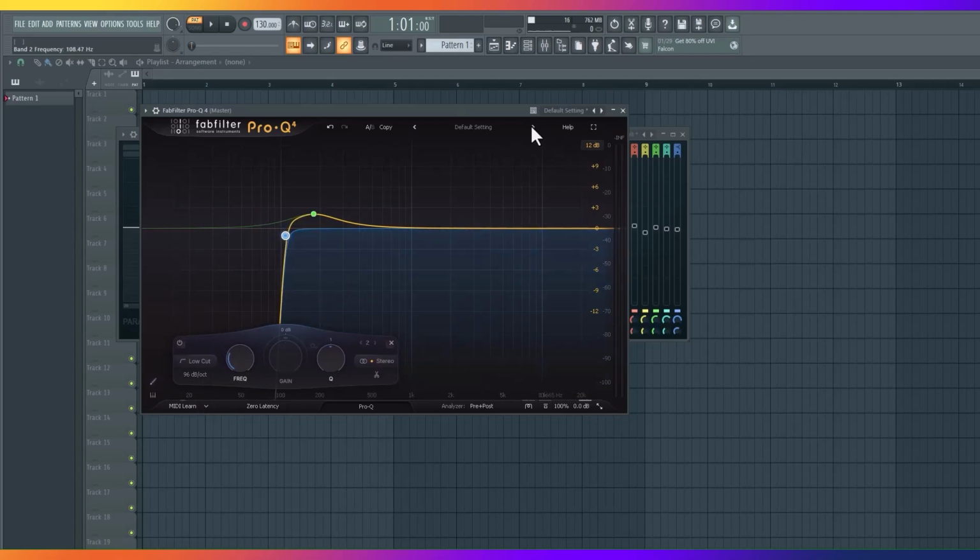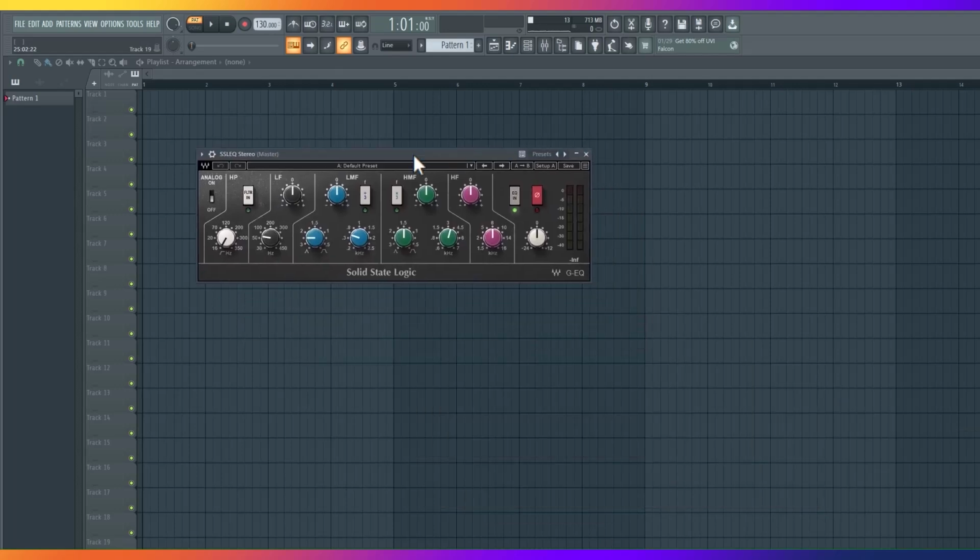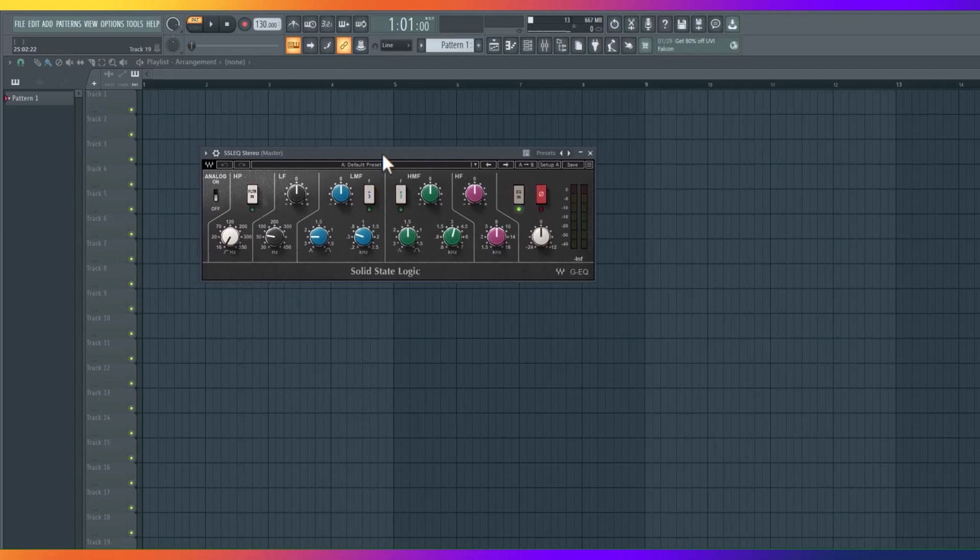Now, let's also move to the semi-parametric EQ. Let me close this one. This is what we call the semi-parametric EQ. The semi-parametric EQ is where the plugin has already set its frequencies, and it gives you options to tweak around, either making the Q narrow or making the Q broad.